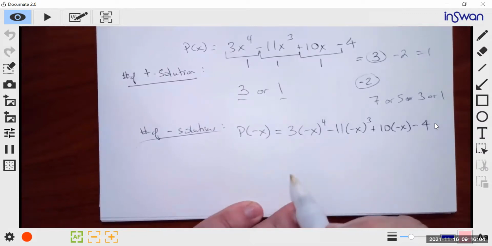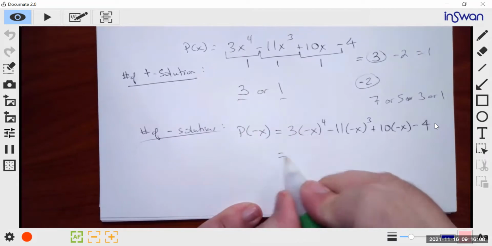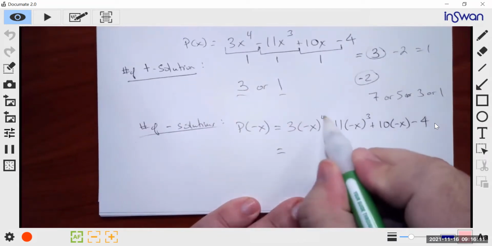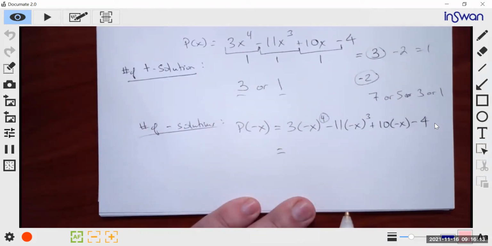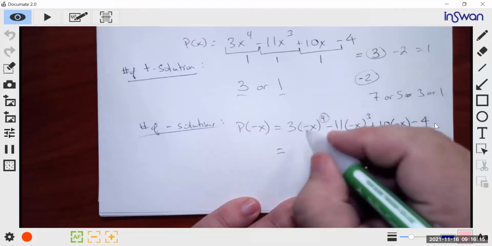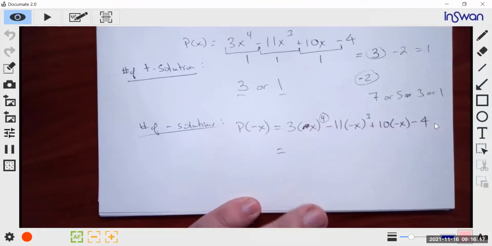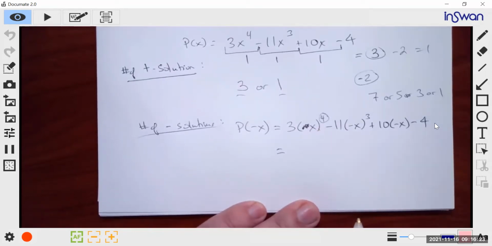So anywhere I see an x, I put a negative x. Now, here's the only thing you have to worry about. If the exponent is even, don't worry about it, because a negative number to an even power is positive. So that's not going to do anything. So that one's not going to change.